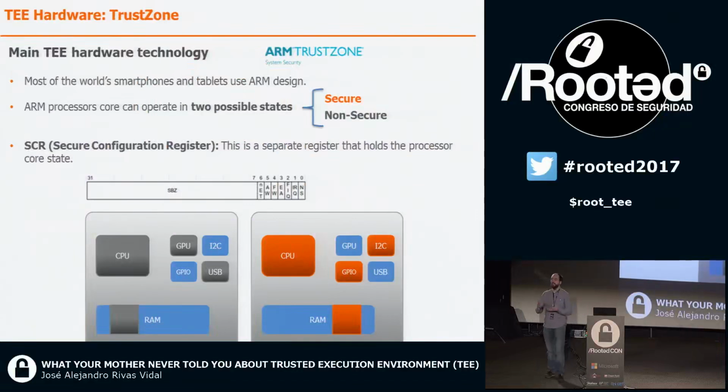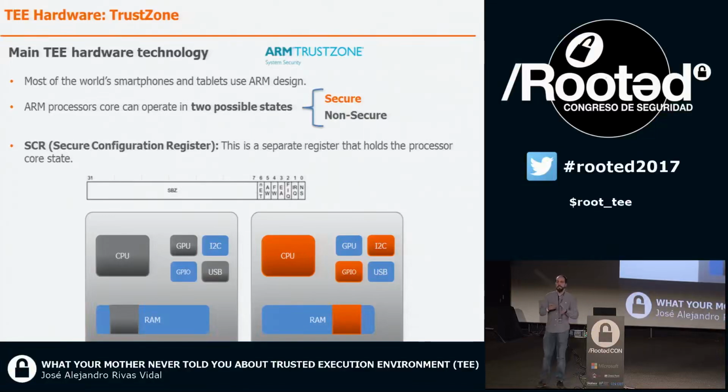So, TrustZone. If you know about TEEs, you've probably heard about TrustZone, the main hardware technology to use a TEE. And it is the main hardware technology because most devices we use have ARM processors, and this technology has been designed by ARM.